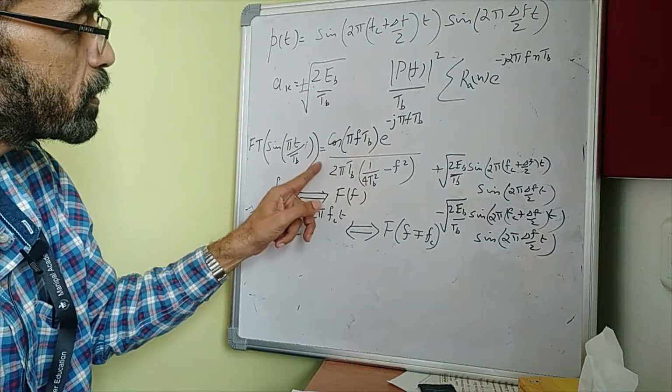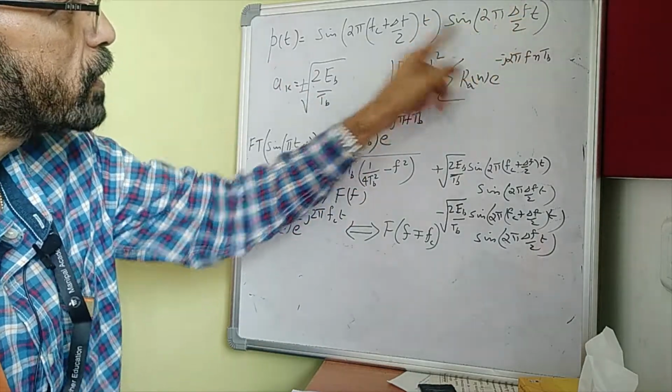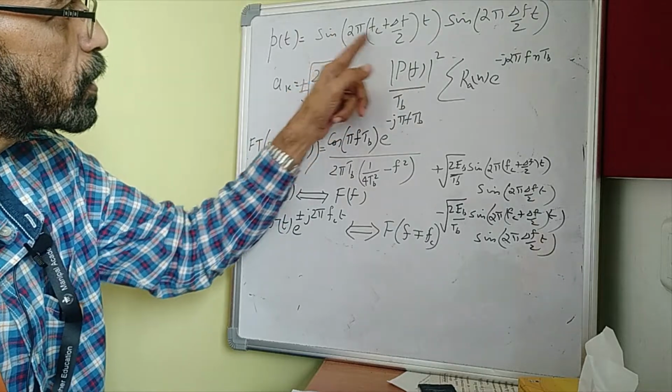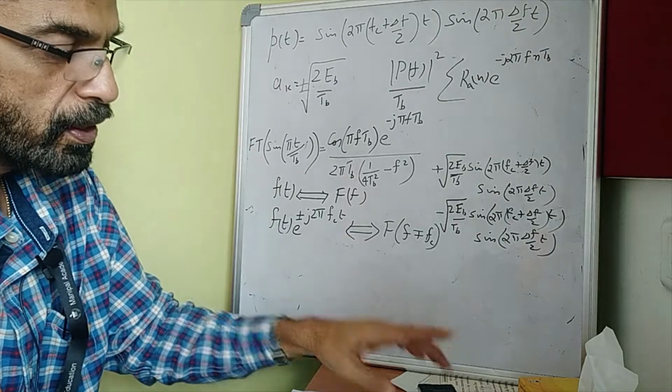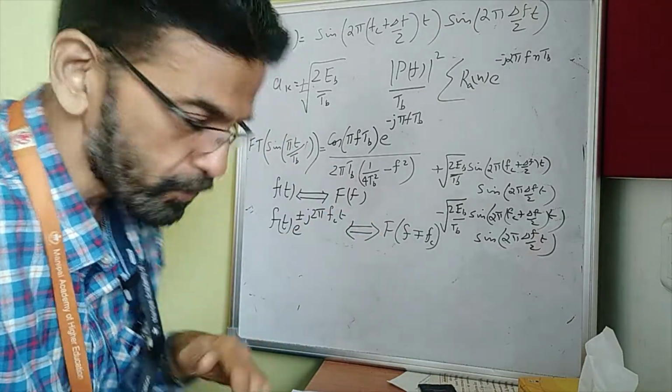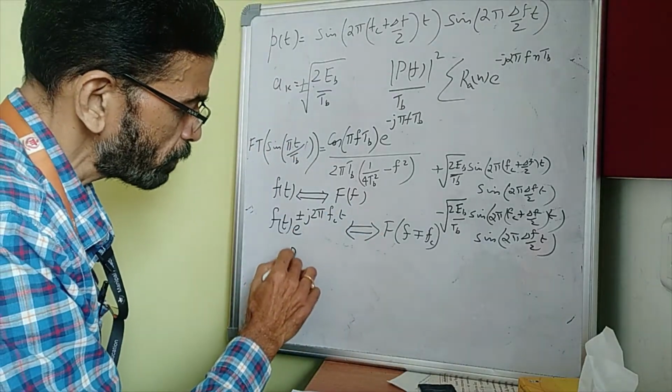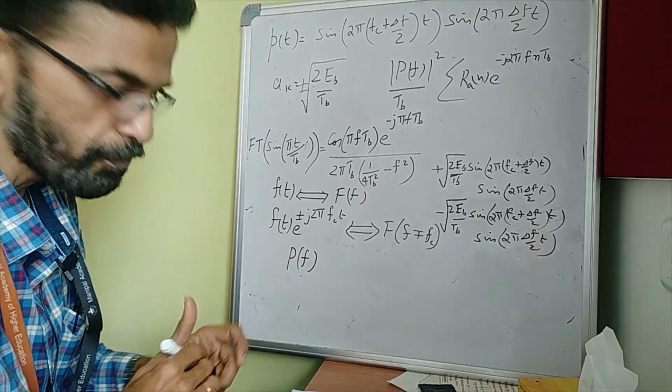What we have here is only the transform of this, and that's getting multiplied by this. So you can write it in its exponential form and use this property, and you will get P(f). I will not write the expression for P(f).